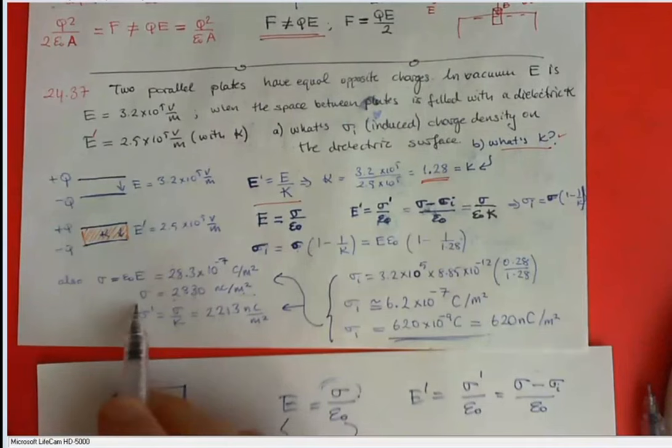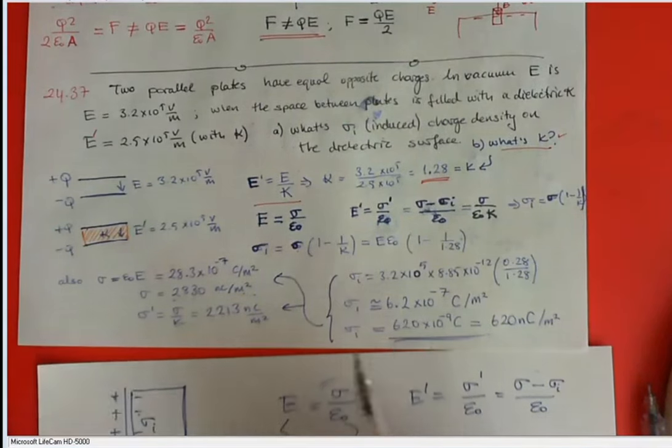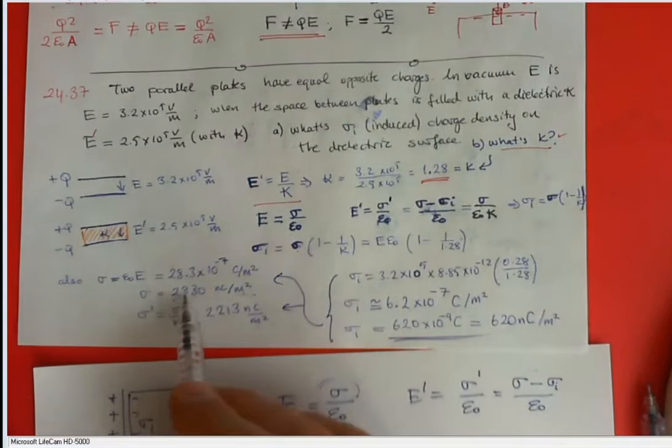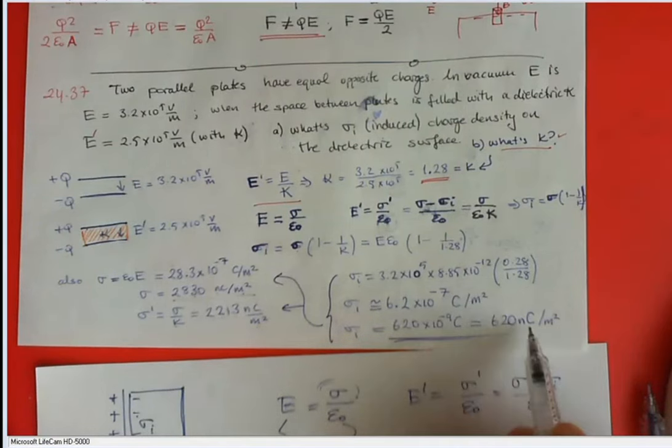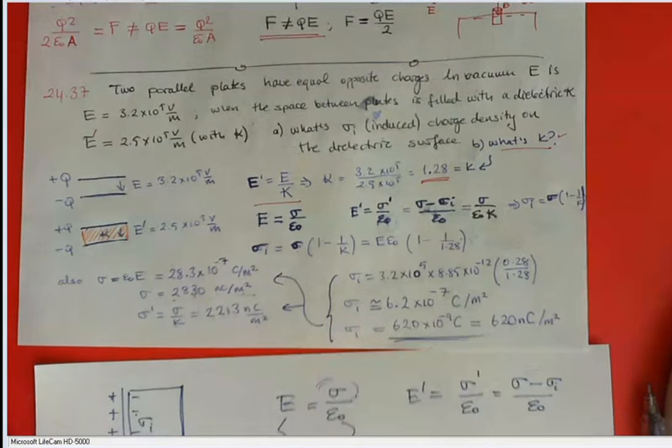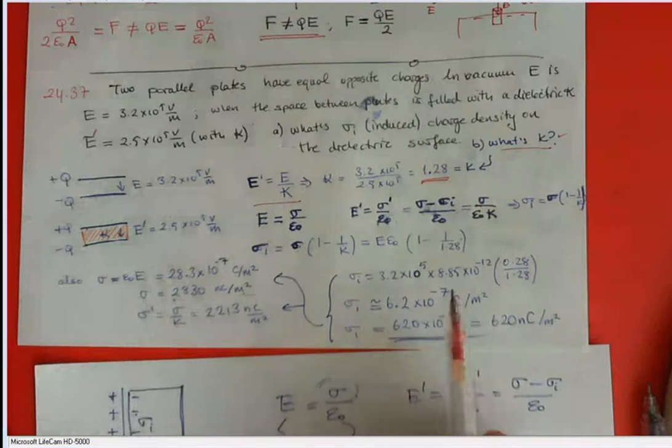That's sigma prime. The difference between these two, if you take this and subtract this, is roughly 620, which will be the induced charge. There is some rounding error in between, so you can use any formula that you want.